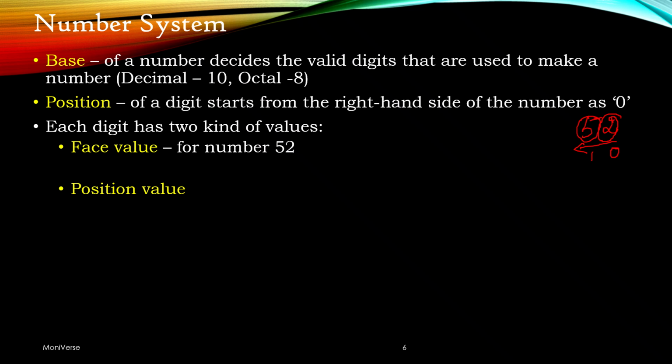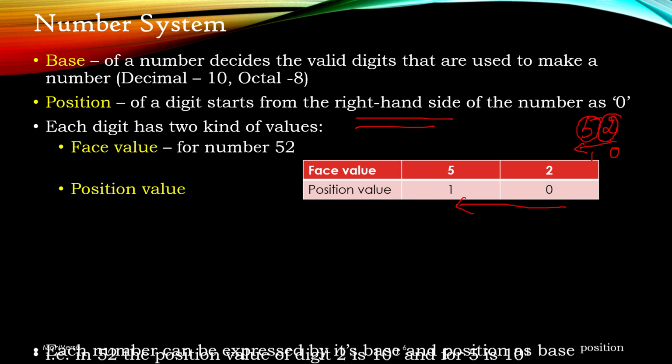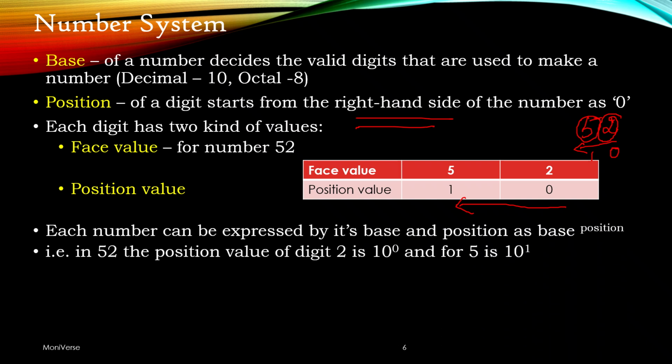Considering the same example, the face values are 5 and 2, and the position value, as we said, starts from the right hand side. The first position is 0 and the second position is 1. And each digit can be represented by its base and its position.